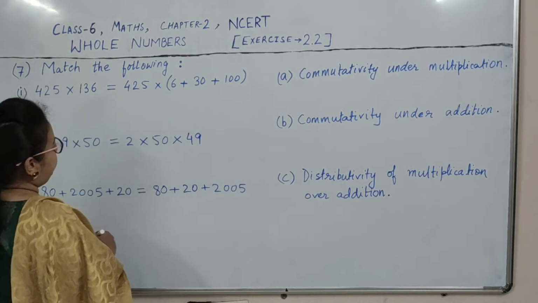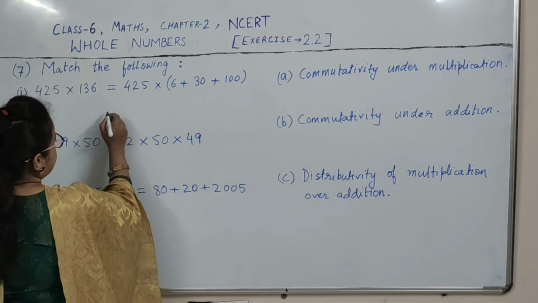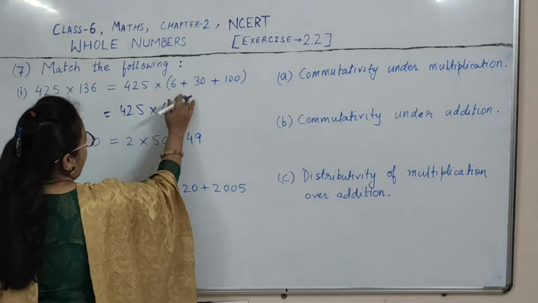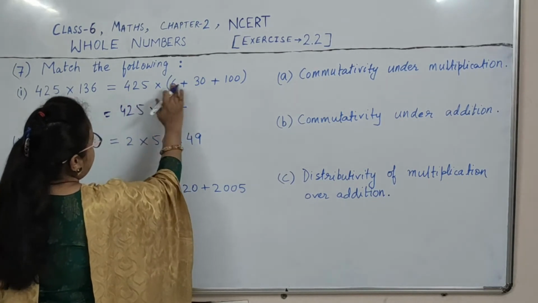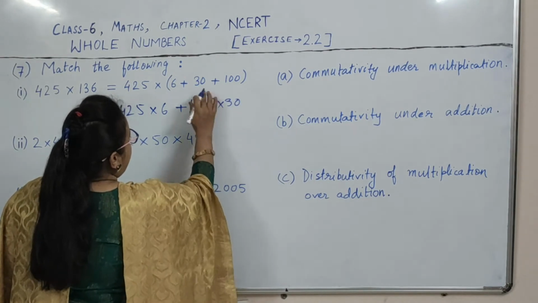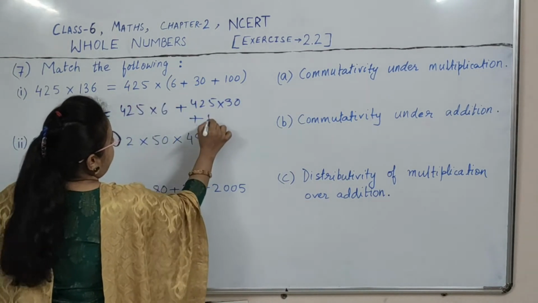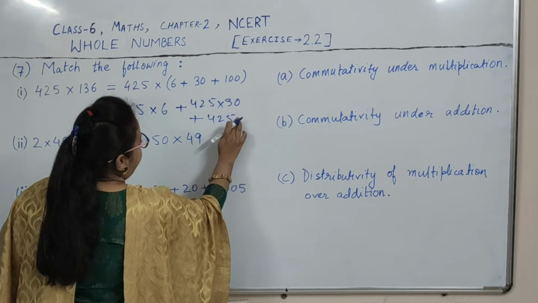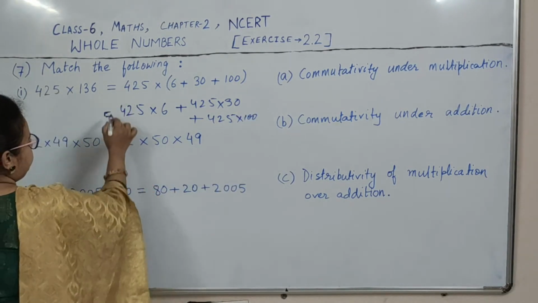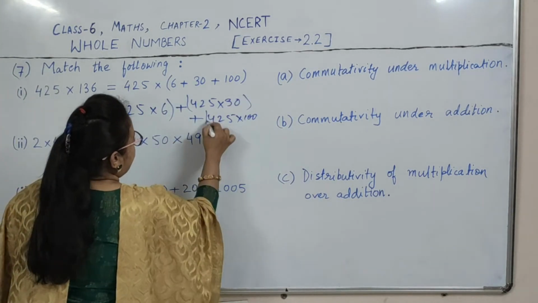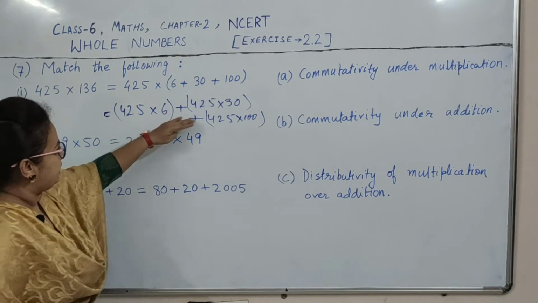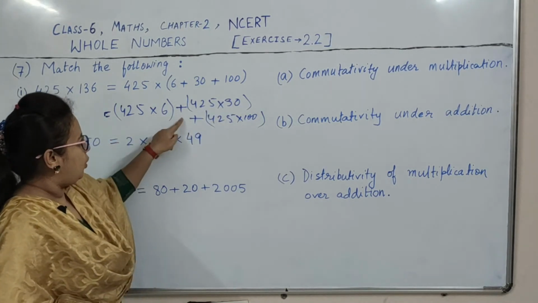Okay, in the next step, what will we do? In the next step, 425 will be multiplied to 6, and then a plus sign. Again, this 425 will be multiplied to 30. Again, this plus sign, and this 425 will be multiplied to 100. So what happens? See, this multiplication of two numbers is distributed in three parts over addition.